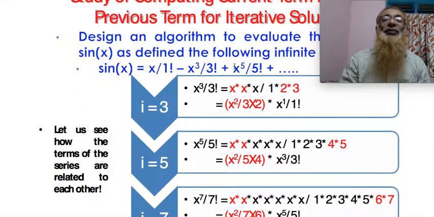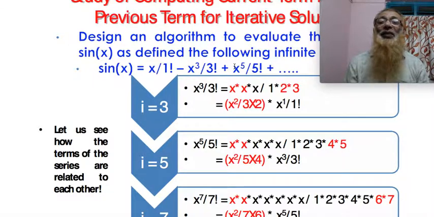As before, now we have to ponder about how to relate each of the terms of the sine series. Take the value x cubed by 3 factorial. See the value of I here.